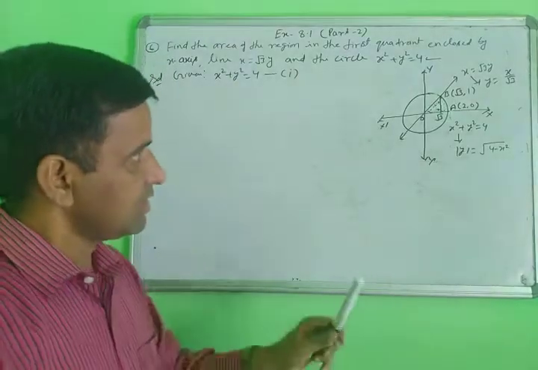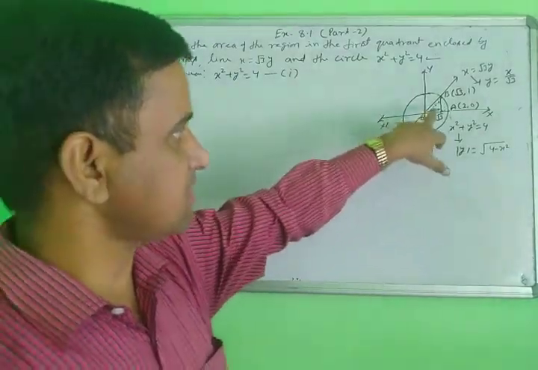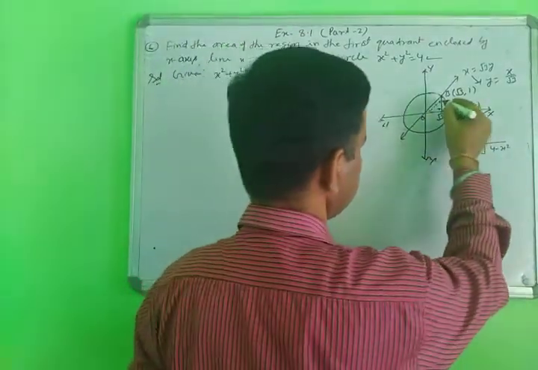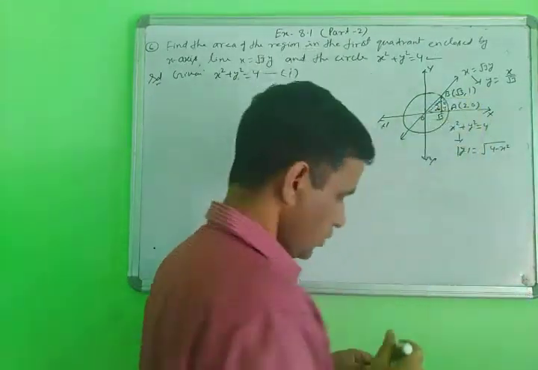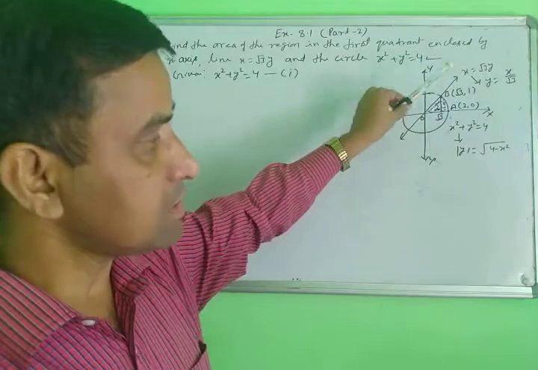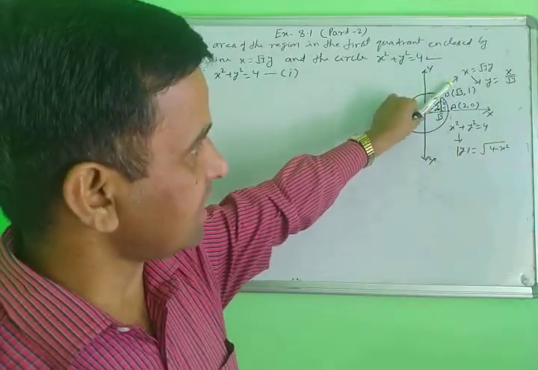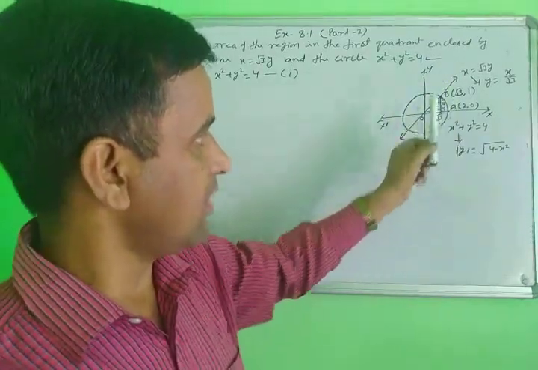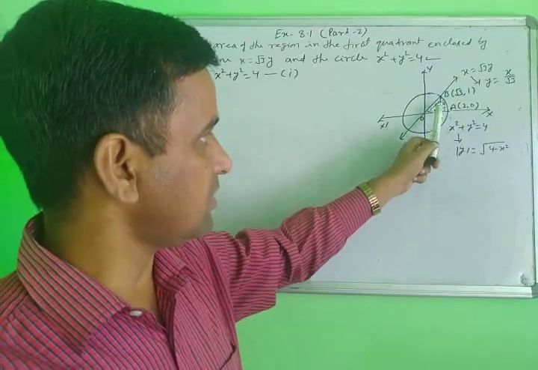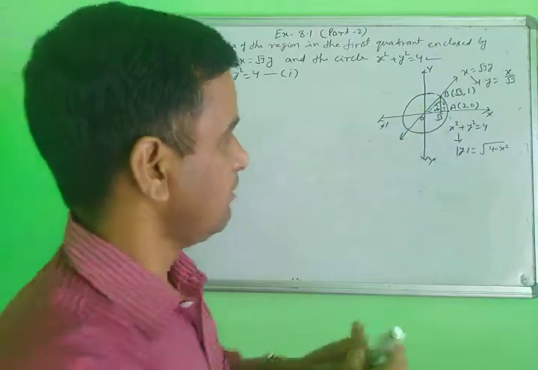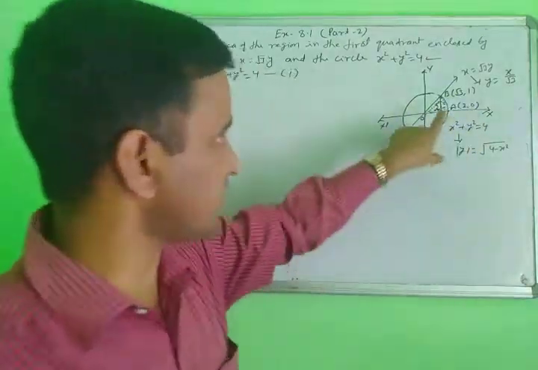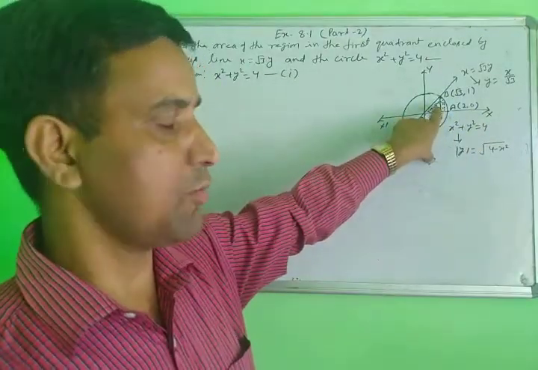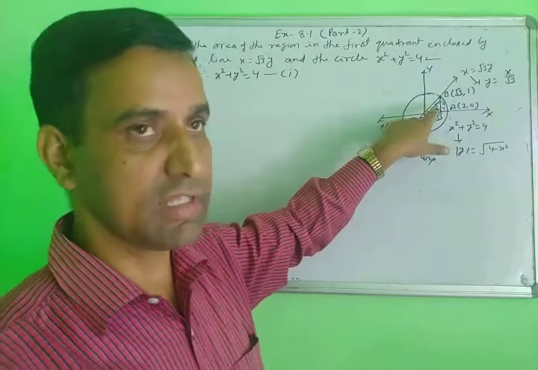Yes class, so you will find the area of this shaded portion, this one and this one also. Now look here, you have two curves: one is the straight line and second is the circle. From 0 to root 3, in this right angle triangle you will find the area with the help of the line, under the line.